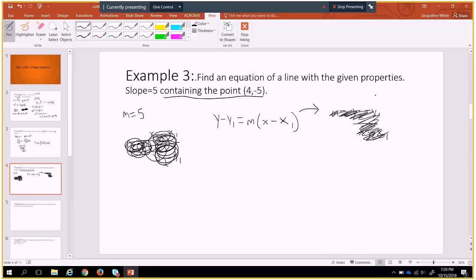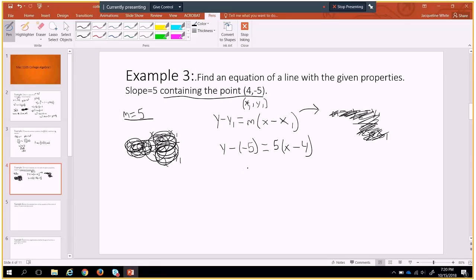Moving on, we have that y minus y1 is equal to m times x minus x1. We have the point 4, negative 5, so that's x1, y1. We have what m is equal to, so now all we have to do is plug it in. So we have y minus negative 5 is equal to 5 times x minus 4. Let's simplify that further.